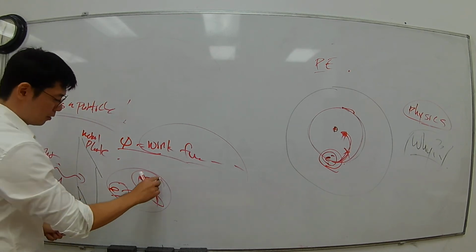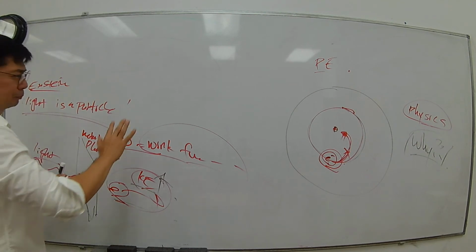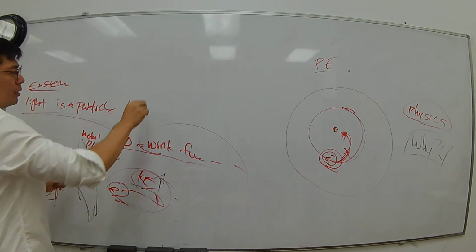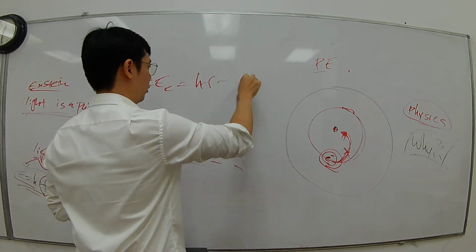Again, you get an electron with the energy. The equation is that the kinetic energy of the electron equals hf minus the work function.